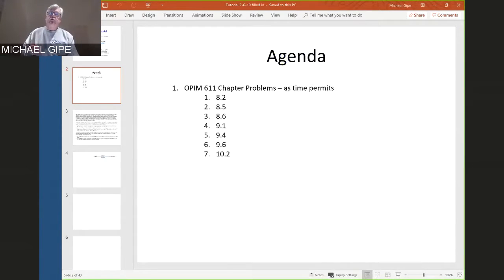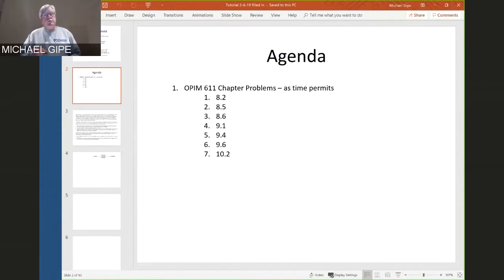And we'll look at a few variations, like what's the impact on cost, and what kind of staffing should we have in order to optimize service, that sort of thing. So the plan tonight is to work through some chapter problems from the textbook. These numbers are from the 3rd edition, so if you have a different edition, you'll have to translate them.